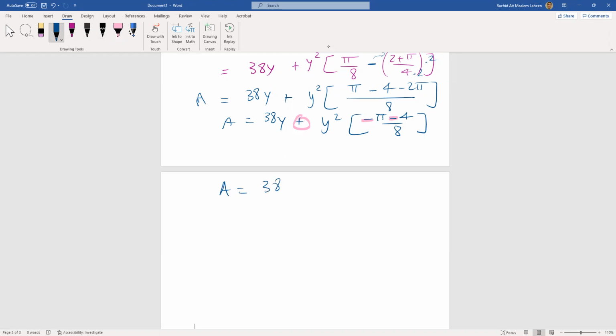But somebody, if they didn't do plus, they did negative from the beginning, they may run into that directly. But let's leave it for now and just say I have two negatives, so I factor negative 1. This negative 1 will become negative y squared. So a now is going to be 38y minus y squared times pi over 8 plus 4 already.